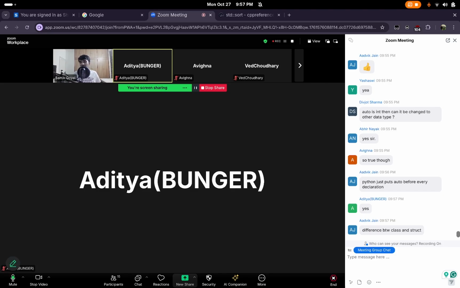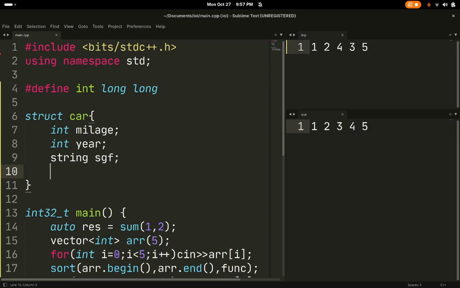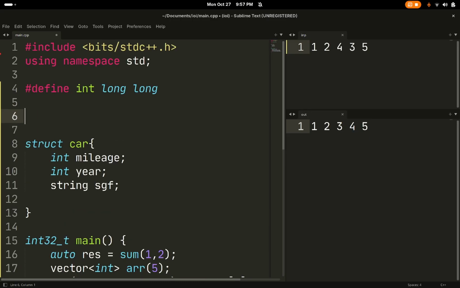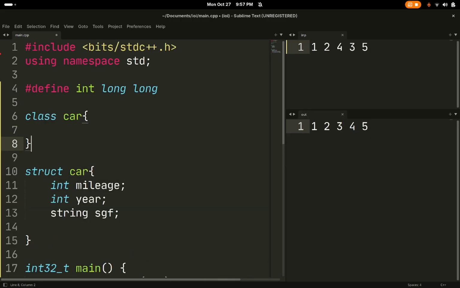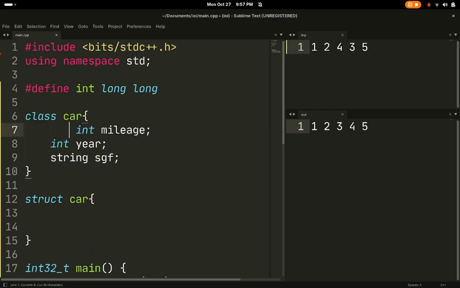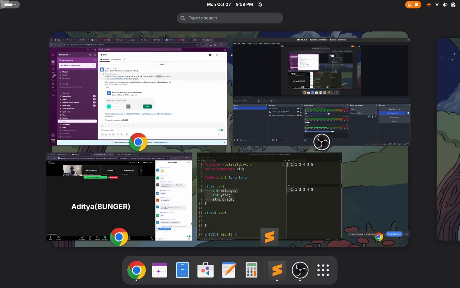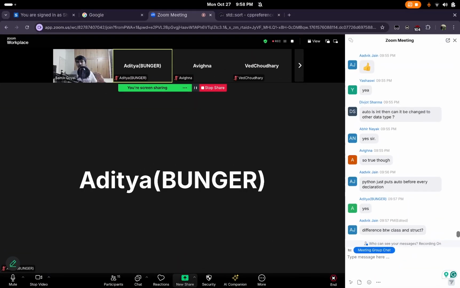A difference between class and struct. So, oh, that's a spelling mistake. A class is basically the exact same, but inside a class, these things aren't accessible by other functions, other code by default.